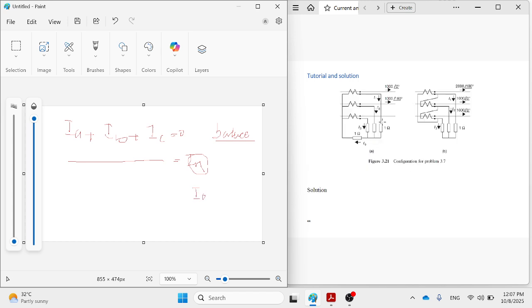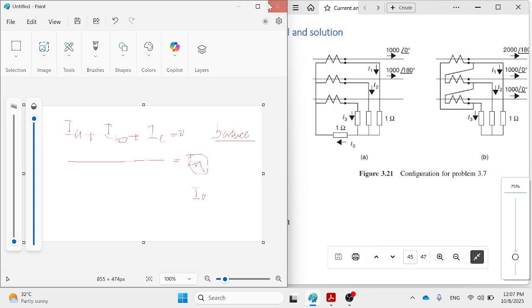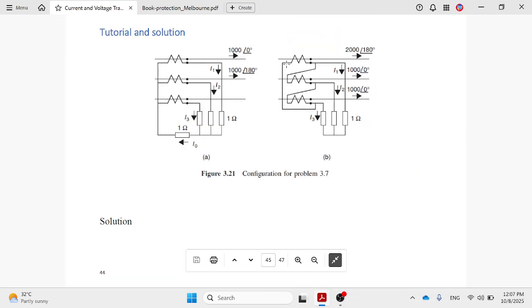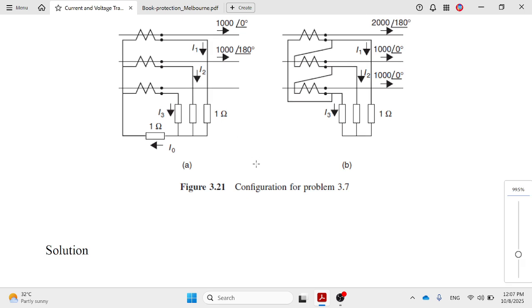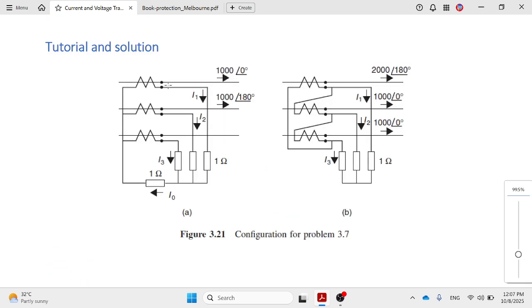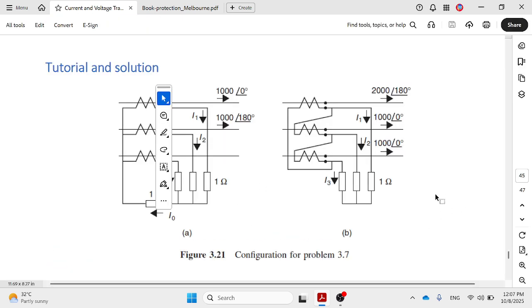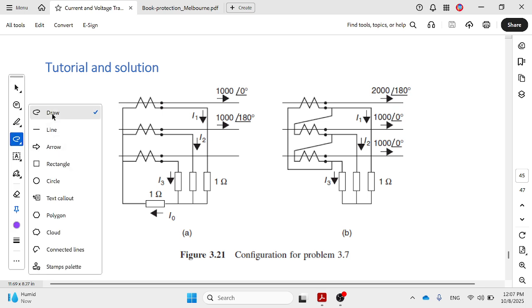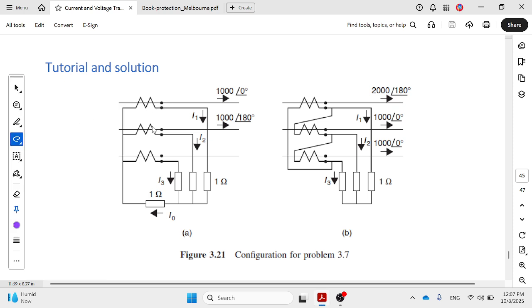So let's see. The primary current is given. Just focus on this. Look carefully at this connection. As you can see, what type of connection is this one?